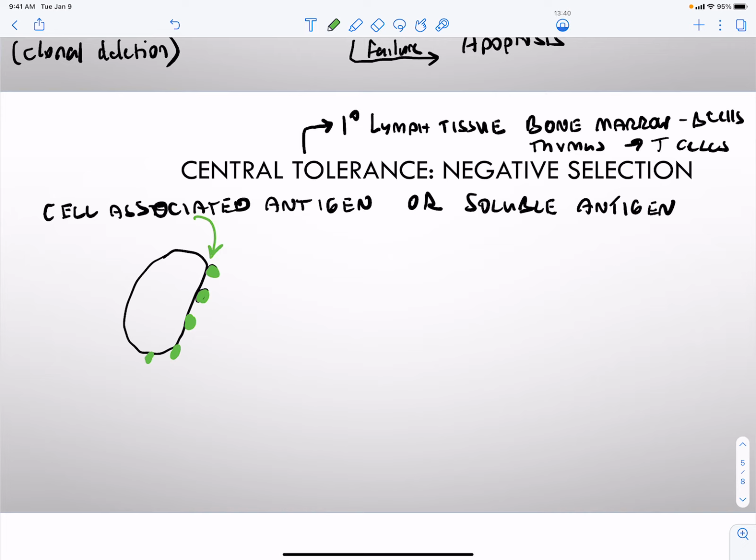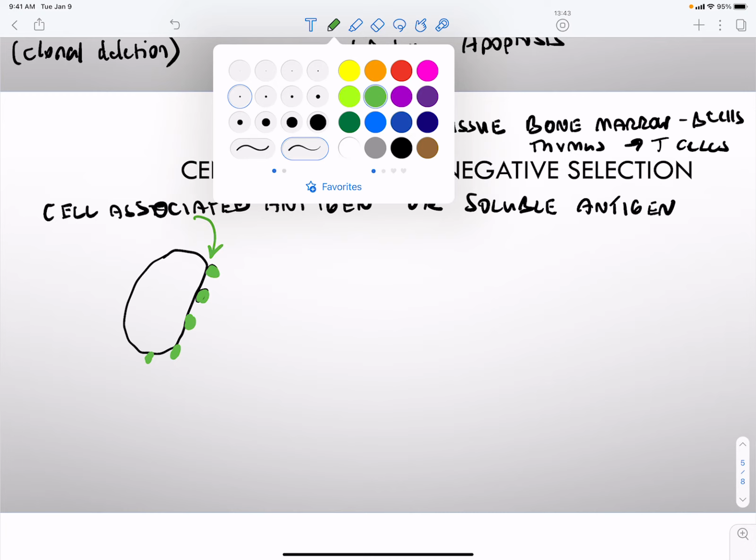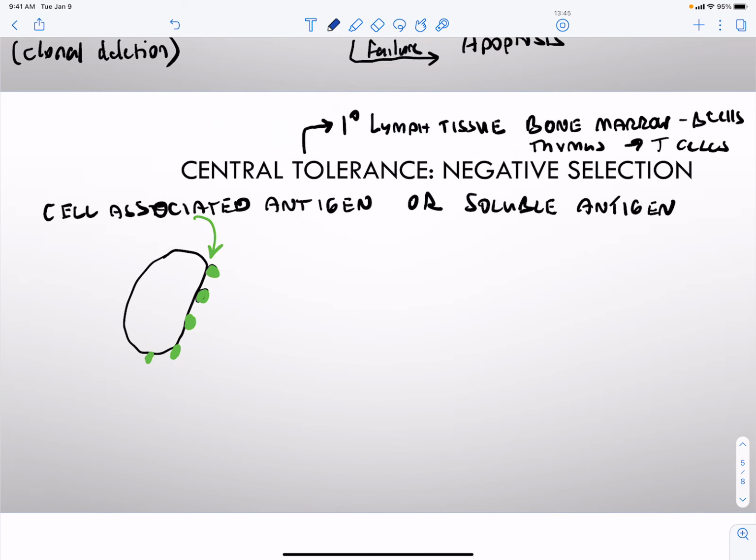And if an immature B cell and its B cell receptors can bind to those self-antigens, then the B cell undergoes apoptosis. That means the B cell is specific for some cell-associated antigen.